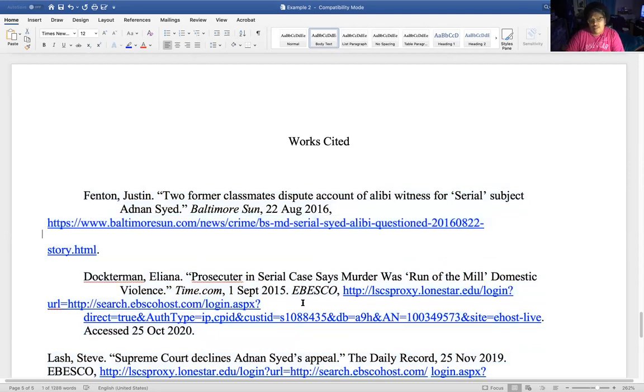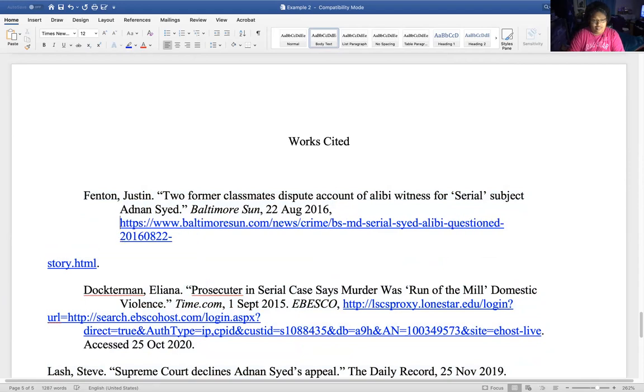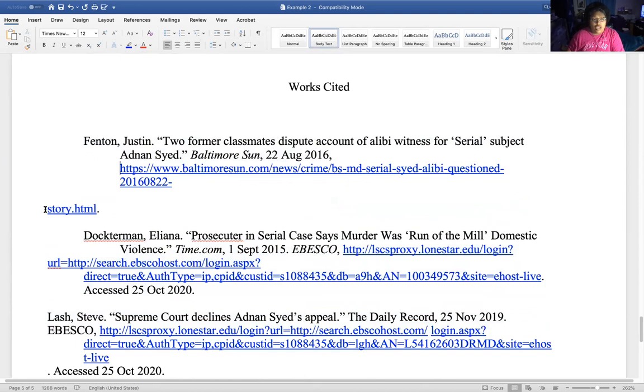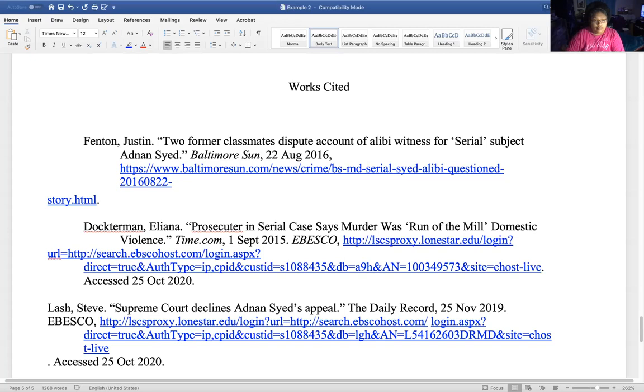So obviously she's got formatting problems here with the original. Yes, she has formatting problems. And this is why you do not use spaces, because then it does a funky thing.